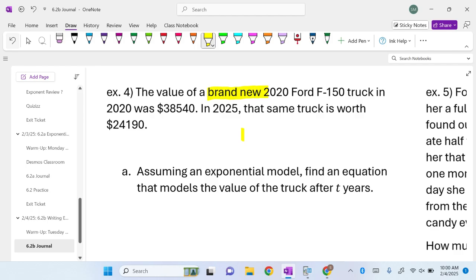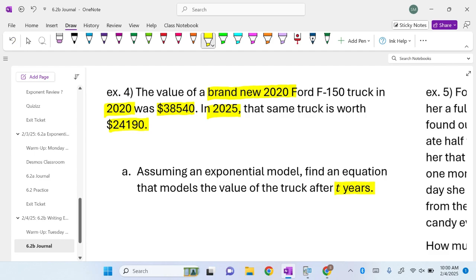The value of a brand new 2020 Ford F-150 truck in 2020 is $38,540. In 2025, that same truck, so it's still a 2020 truck, is worth $24,190. Now, we're then going to write an exponential model to show the value of the truck after t years.